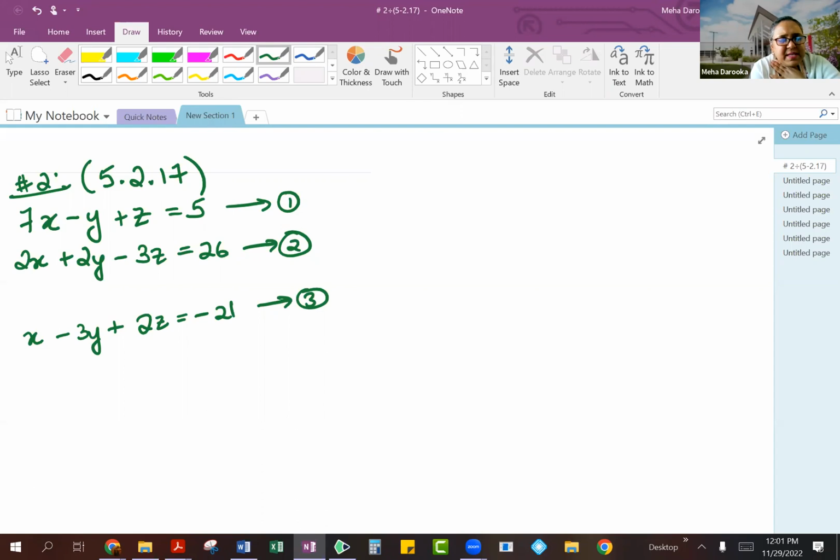You can see some of these have negative coefficients and positive coefficients. Same thing with z. However, all of your x values are positive numbers, right? Positive 7x, positive 2x, positive 1x. So it might be easier to choose y or z to eliminate.